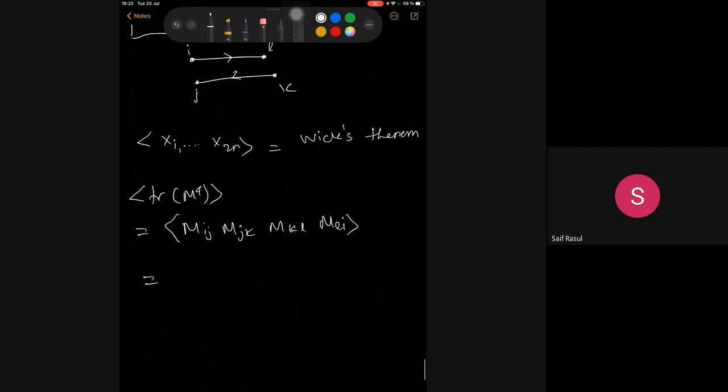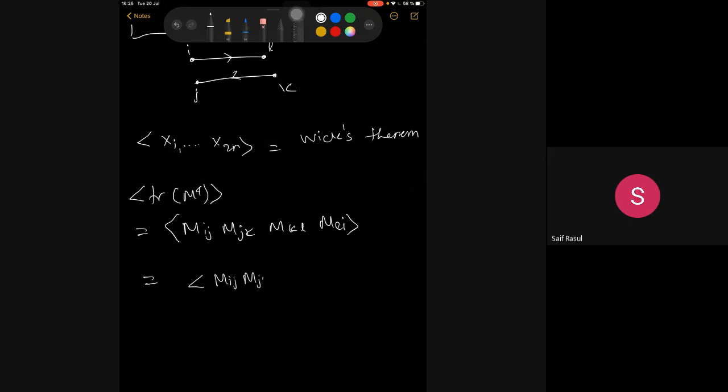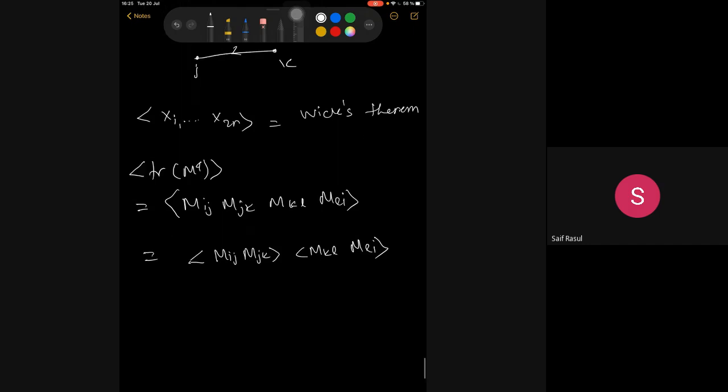Wick's theorem says you have to pair them up, and any correlation function of any 2n variables you can write in terms of 2-point correlation functions, and sum over all the possible pairs. So we will have 2n minus 1 double factorial pairs, that is 3 double factorial, that is 3 pairs.